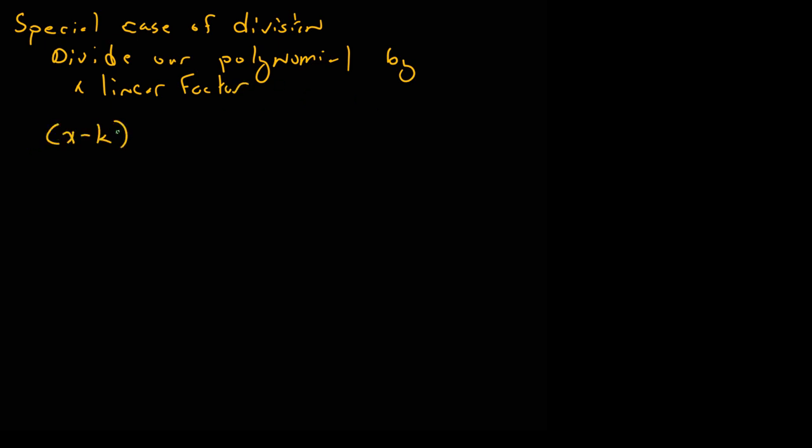Just like when we talked about the remainder theorem. The remainder theorem was if we're dividing a polynomial by x minus k, here, I'll put the remainder theorem over here, I'll put it in blue.